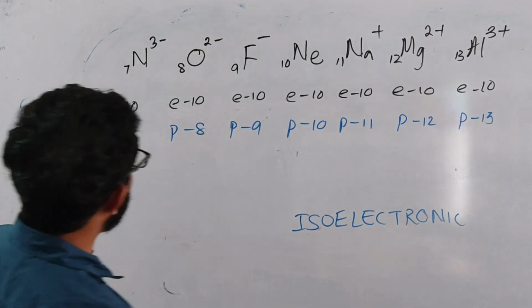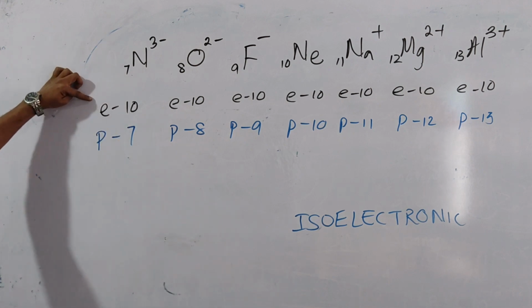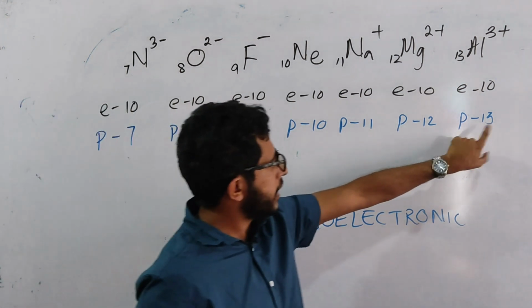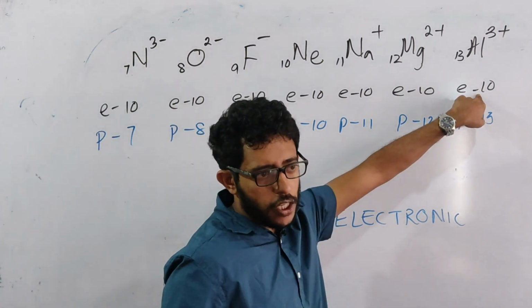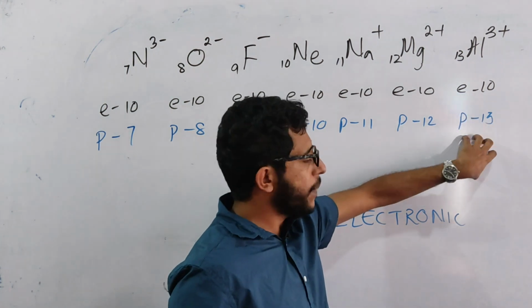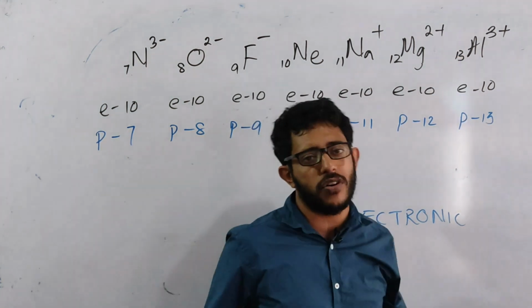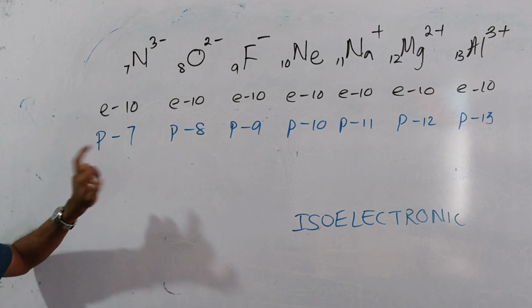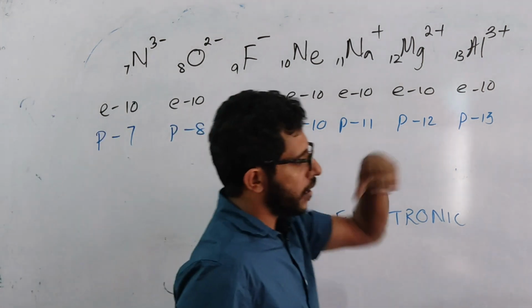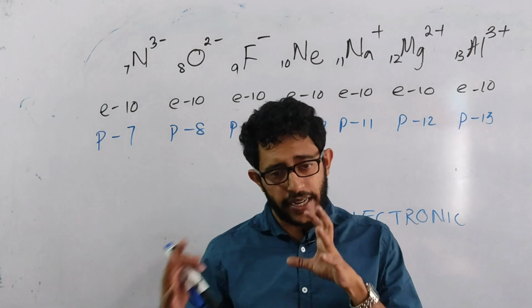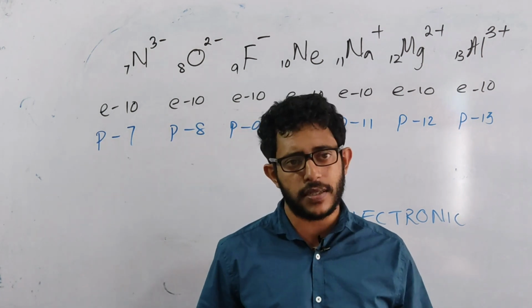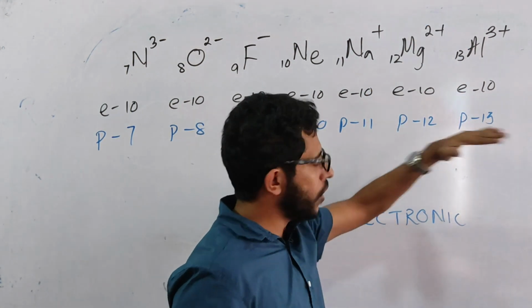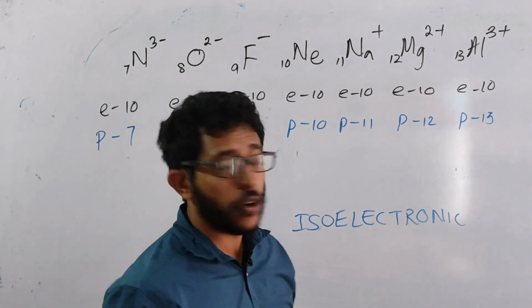They always ask us to compare the ionic radius of isoelectronic ions, ions with the same number of electrons. In this particular case, 7 protons are there to keep 10 electrons. In this case, 13 protons are there to keep 10 electrons. In terms of nuclear attraction, keeping 10 electrons using 13 protons is much easier than keeping 10 electrons with 7 protons. So the idea is, the higher the number of protons, the greater the nuclear attraction. So it is easier to keep the electron cloud, which means the ionic radius decreases with cations. Why? Cations always have more protons than electrons.